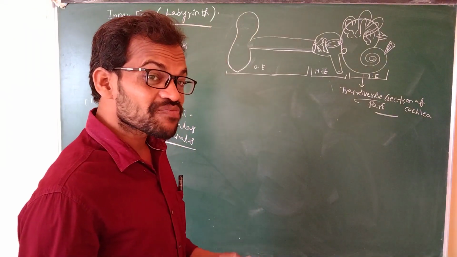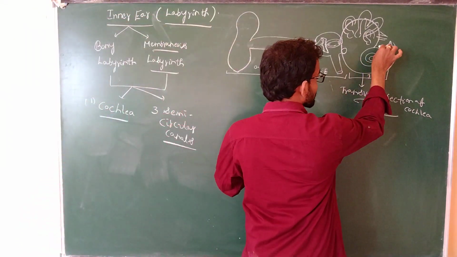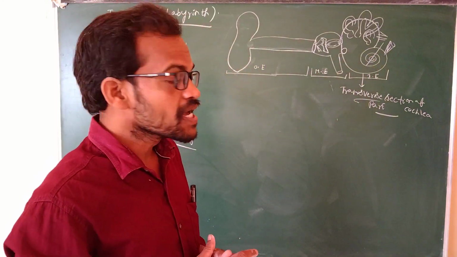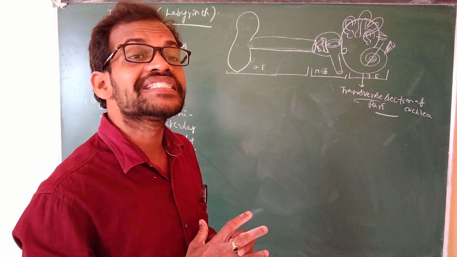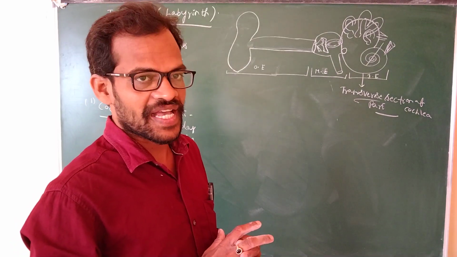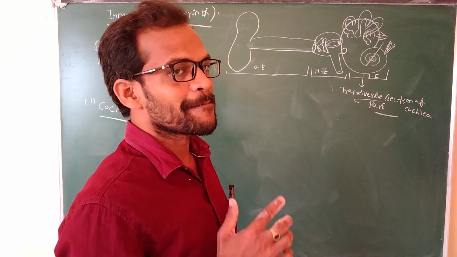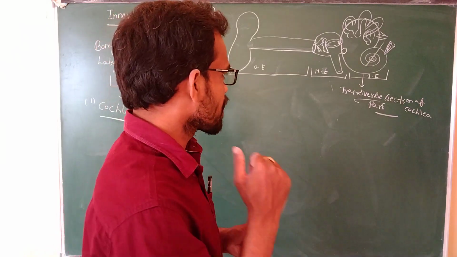The transverse section of the cochlear part, the internal part. If you observe the transverse section, how is the cochlea arranged? The outer part is the bony part, the inner part is the membranous part.